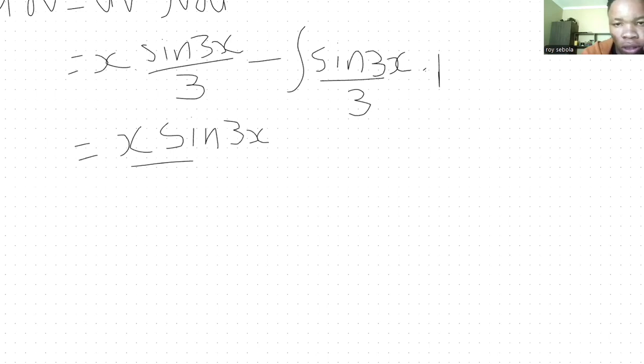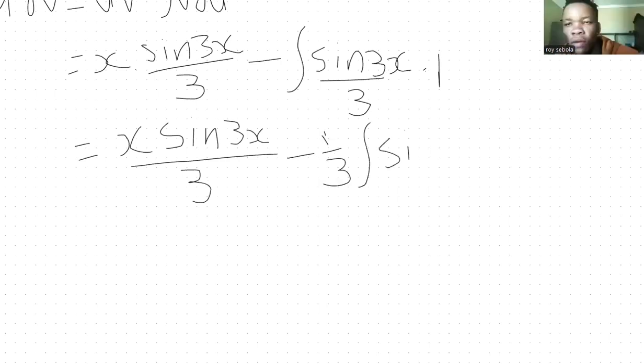The constant is 1 over 3, the integral of sine 3x. Now, since we are here, we can simply find the integral of sine 3x.